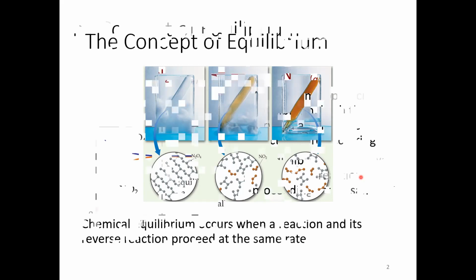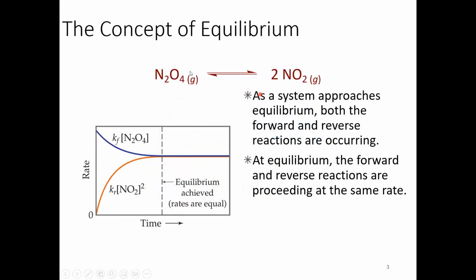But what we're going to see with certain reactions is rather than just having the conversion of N2O4 into NO2, at the same time some of that NO2 is going to get converted back into the original N2O4. And when we're looking at chemical equilibrium in particular, the rates of those two reactions when we're at equilibrium are going to be equal.